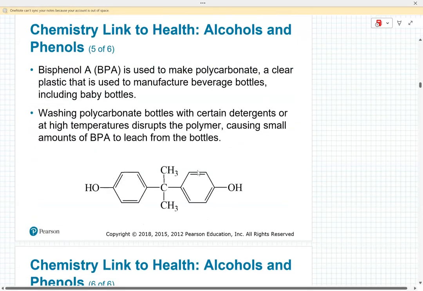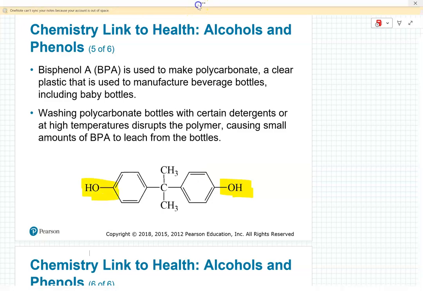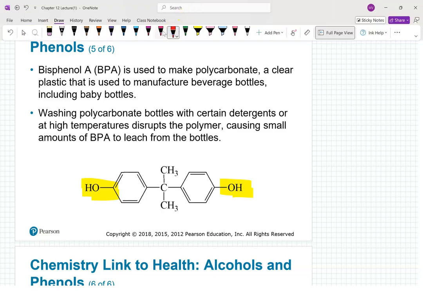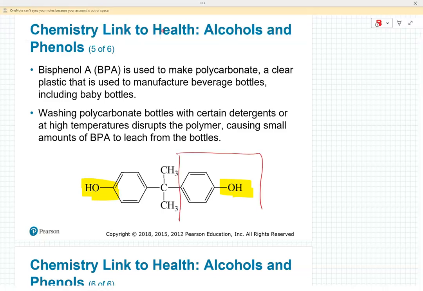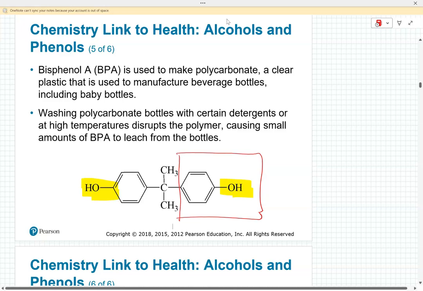So this is another example of alcohol. It's basically made from phenols. This is a phenol. Okay? So this bisphenol A was added to a material used in production of plastic drinking ware, like bottles like this.